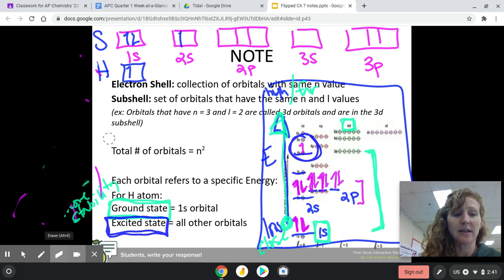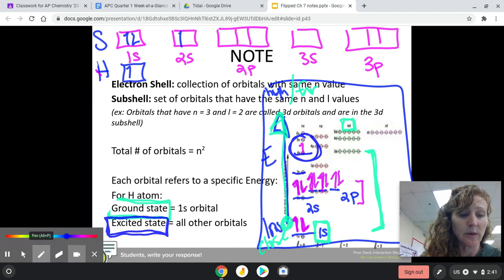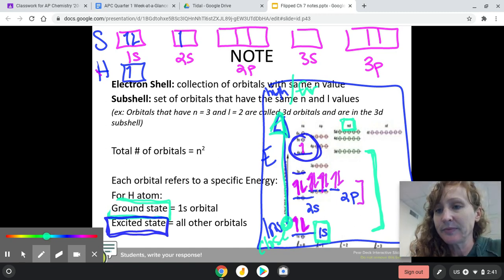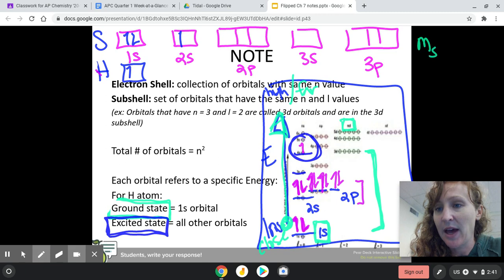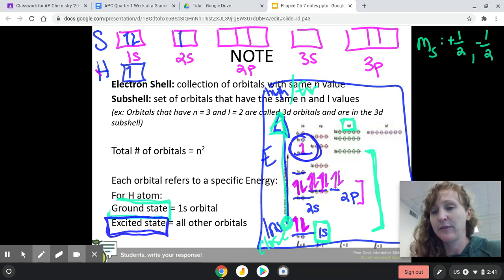This quantum number is kind of unusual. It's not like the other three quantum numbers that are all dependent on each other. The magnetic spin quantum number really has two options. So m sub s can be either plus a half or minus a half.